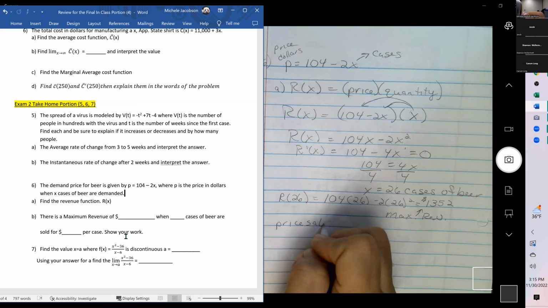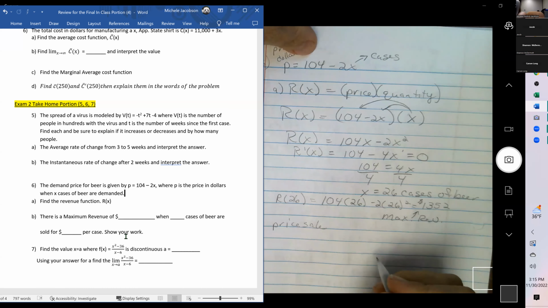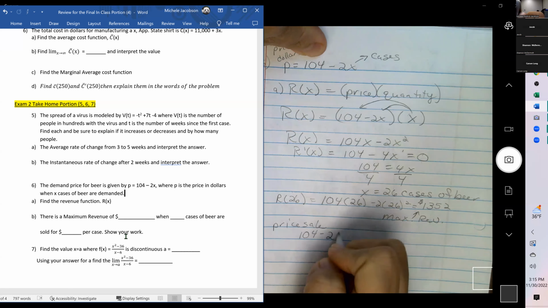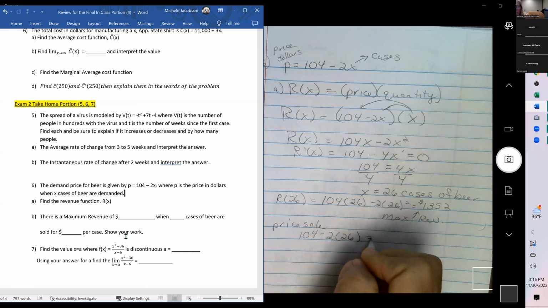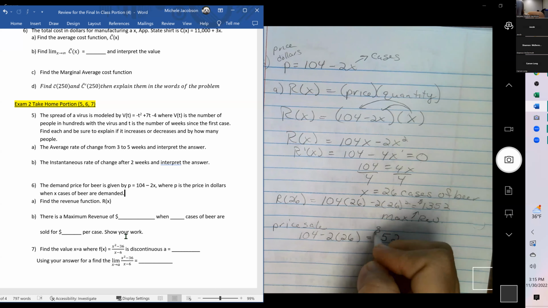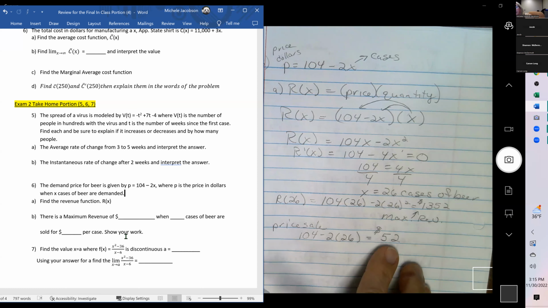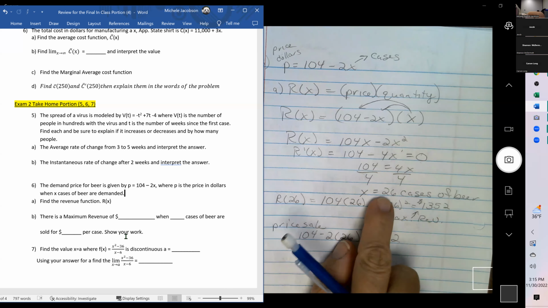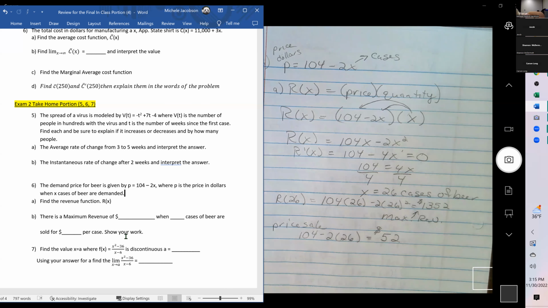To find the price we're going to sell them for, we plug into our price equation. So we'll sell them for $52 each, or $52 per case. We will sell 26 of them and make a maximum revenue of $1,352. Any questions on that?